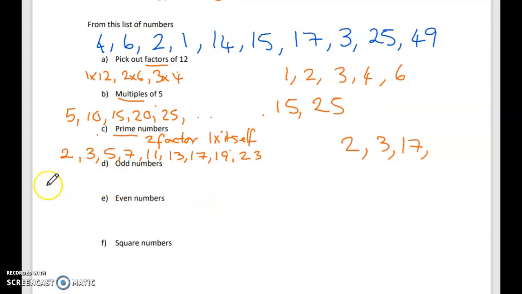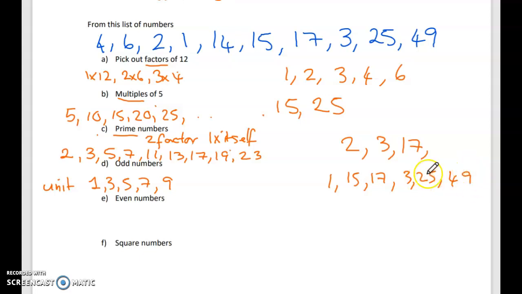Okay, odd numbers. They have a unit of 1, 3, 5, 7 or 9. So the units of a number must have a 1, 3, 5, 7 or 9 in it. So 4, 6, 2 are not odd, but 1 is, 15 is, 17 is, 3 is, 25 is, and 49 is, because the unit part is either 1, 3, 5, 7 or 9.